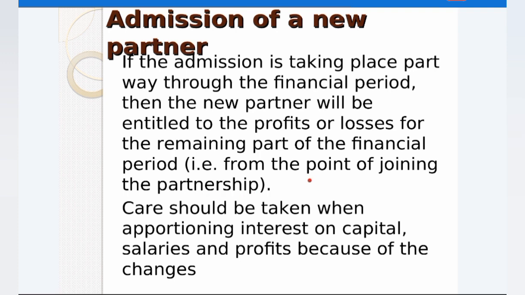So we have to pay attention to the point of joining of the new partner. Normally, partners are supposed to join either at the start of the new year or at the end of the financial year. But should they join midway through the financial year, then they have to be entitled to a share of profits or losses from the point at which they joined.